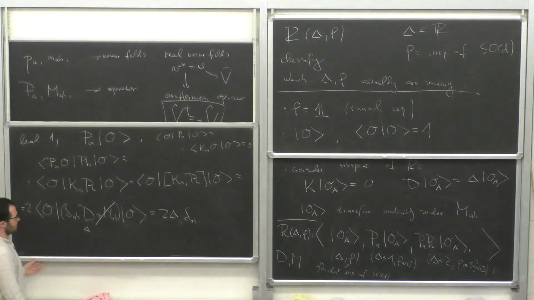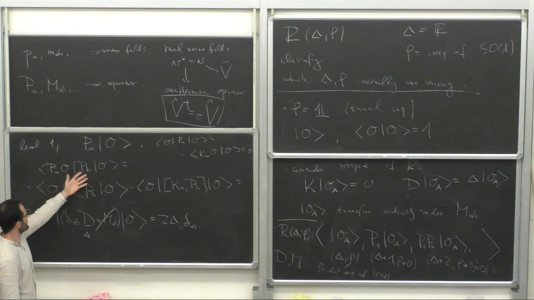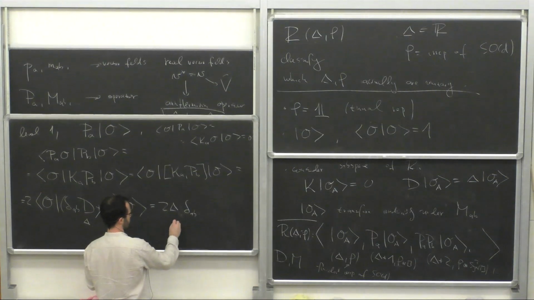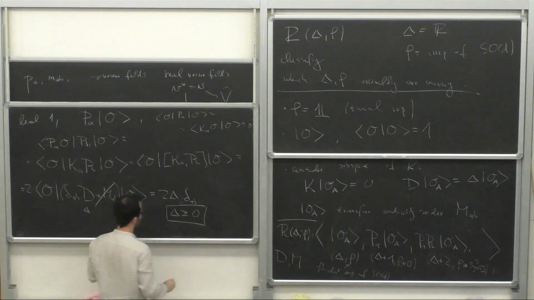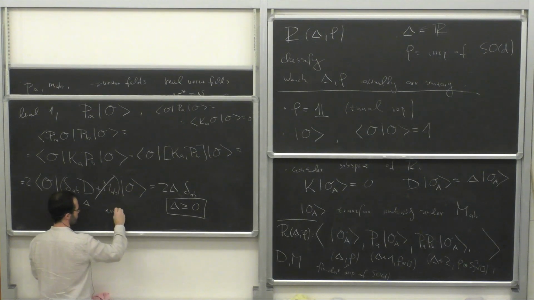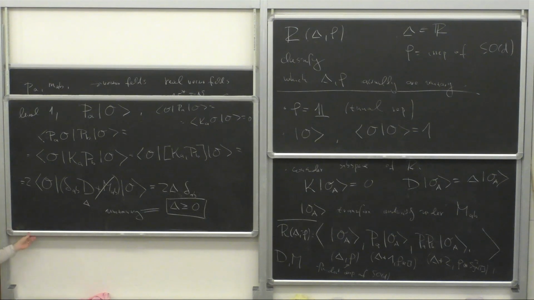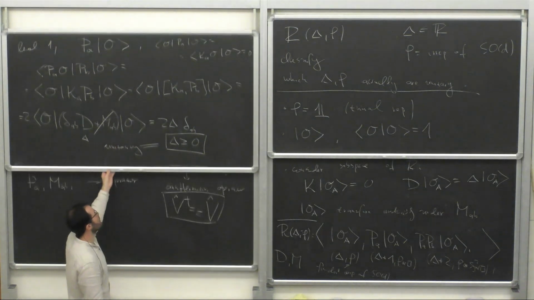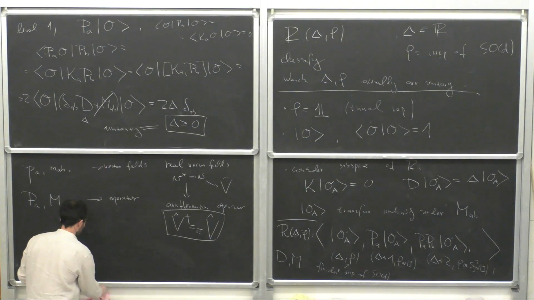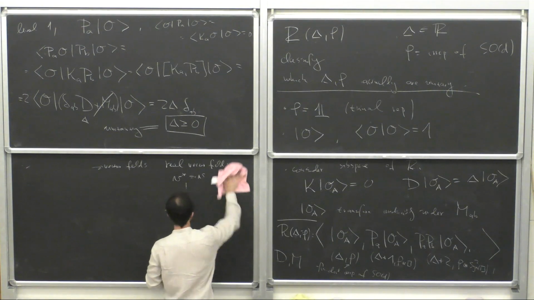Okay. And since this inner product needs to be positive, it's only possible when delta itself is non-negative. So we have a constraint that unitarity implies that delta is non-negative, and in fact it can only be 0 if P annihilates O.